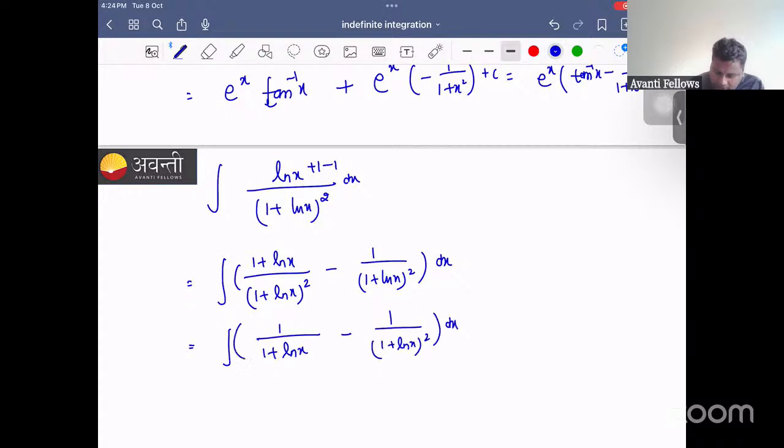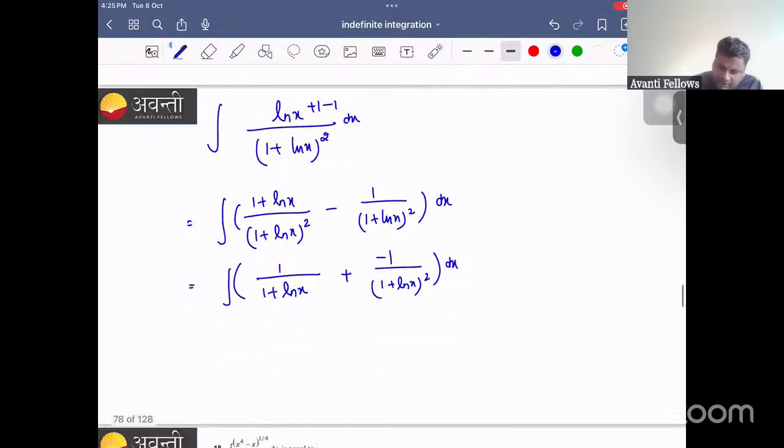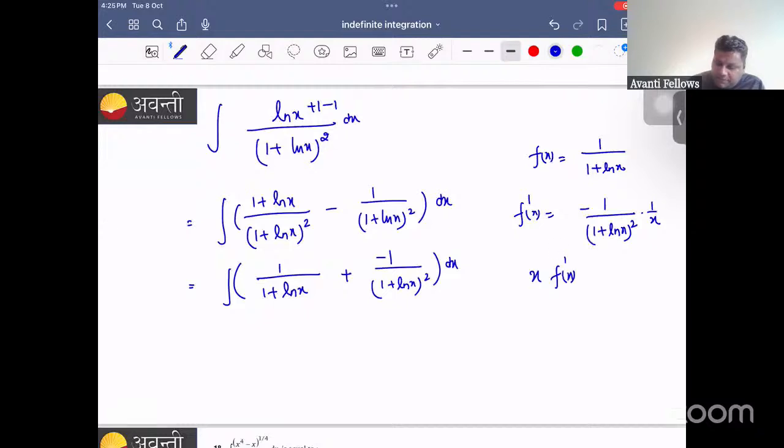I do one thing, I absorb this minus sign here. Now see, if your f(x) is 1 upon 1 plus ln x, then what will be your f'(x)? f'(x) will be minus 1 upon (1 plus ln x) whole square into the derivative of ln x, that is 1 by x. That means x f'(x) is minus 1 upon (1 plus ln x) whole square.